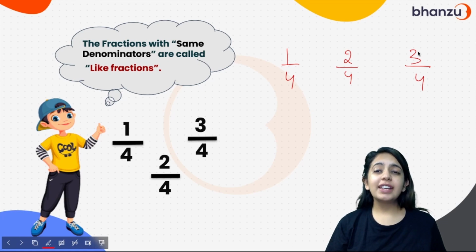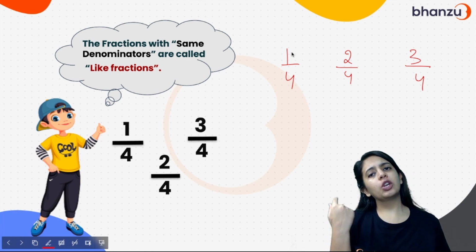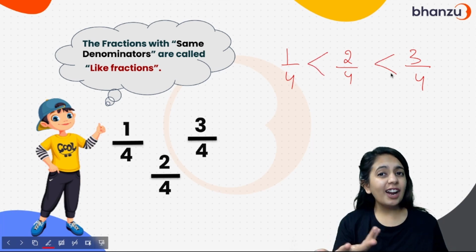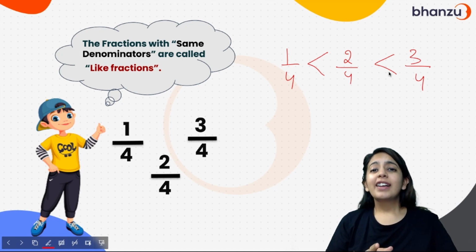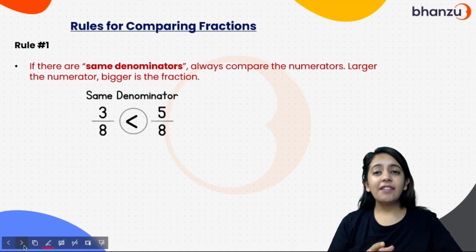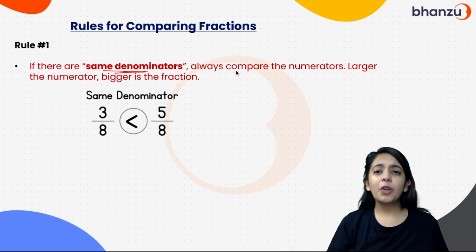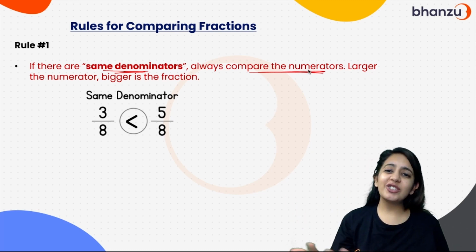And out of 4 this is covering 3 portions, this is covering 2 portions and out of 4 this is covering only 1 portion. So of course this is the smallest and 3/4 is the largest. Therefore the rule over here is whenever we have like fractions, that is fractions with the same denominator, always compare the numerator. Larger the numerator, larger is the fraction.